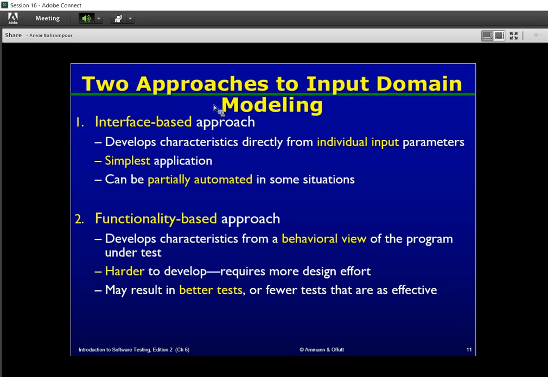We have two approaches to modeling the input domain. The first approach is the interface-based approach, and the second one is the functionality-based approach. I will delve into these two approaches in this session.